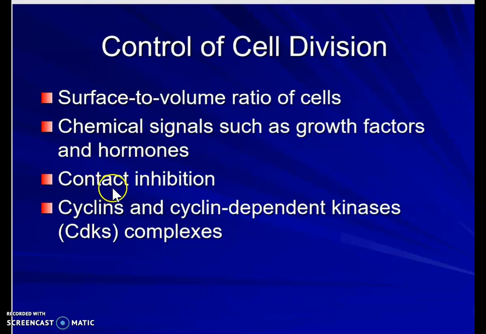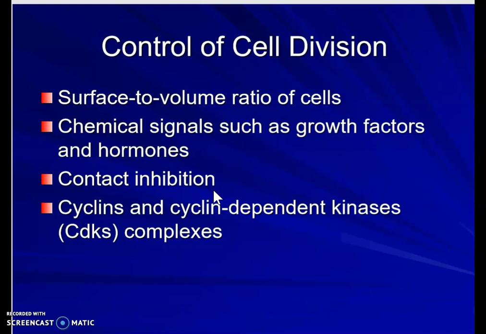Then there's another thing called contact inhibition. All normal cells have that. So if a normal cell in the human body has a neighbor on all sides, then that is a signal to not divide. In other words, if your skin is unbroken, then there's no need for these cells to grow extra tissue.